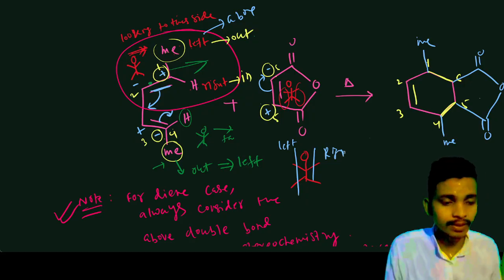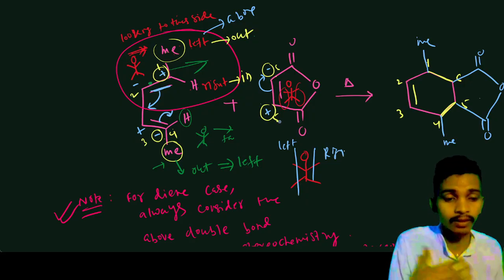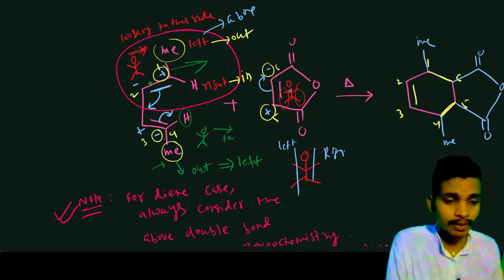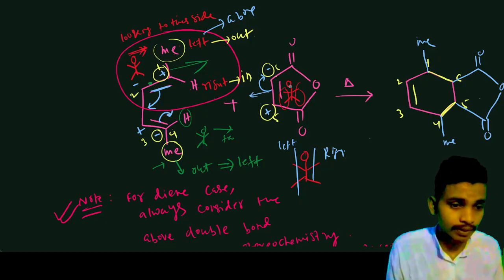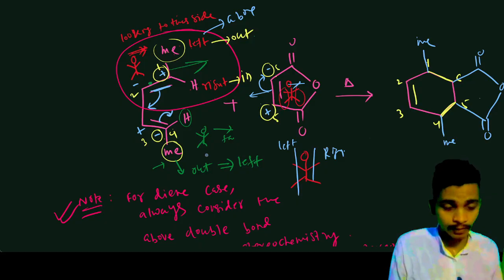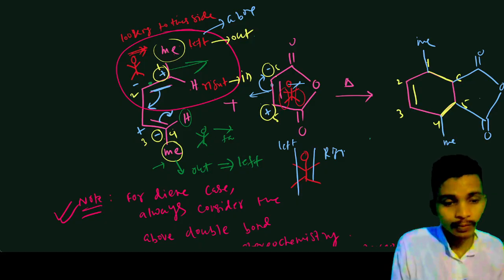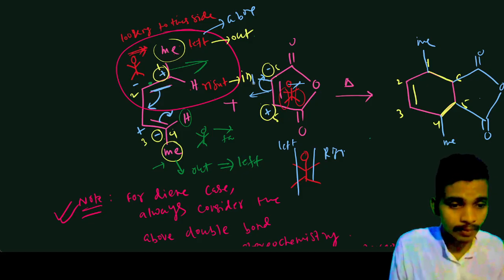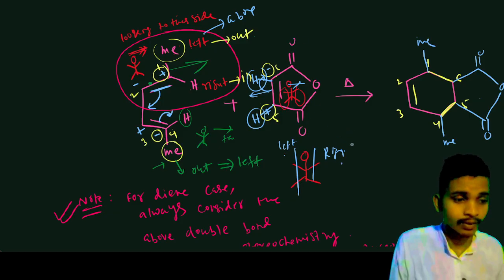The same thing applies here, it will not change, so these all become your left and these all become your right. So which are the left hand sides for this case? Here we have the hydrogens, so these hydrogens are on the left hand side and this whole molecule is on the right hand side. Accordingly we will do the stereochemistry of that.